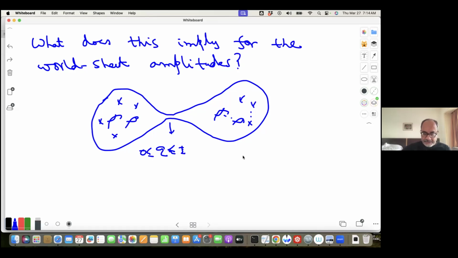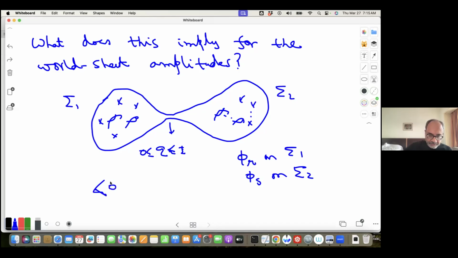This we have already discussed, that we insert phi r on sigma 1 and phi s on sigma 2, and then we use this propagator, which is phi rc b0 bar, L0 plus L0 bar inverse, delta L0 bar phi sc.